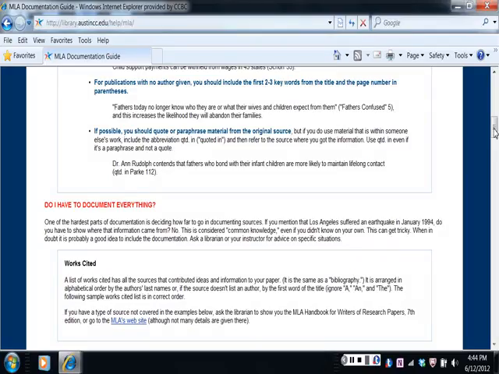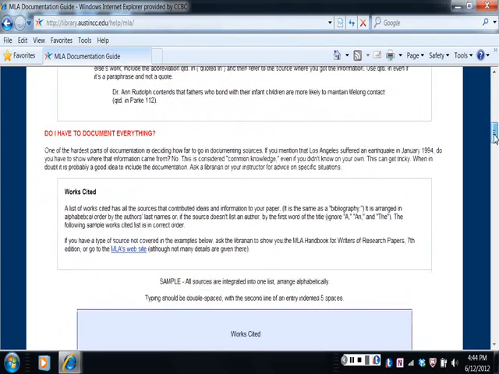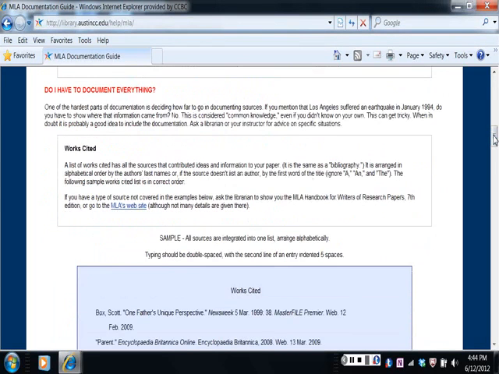Now, they have this little question here: do I have to document everything? I would imagine for the papers that you're writing here, especially about Chinese culture, Chinese mythology, just about everything you would have to cite, because this is not common knowledge.